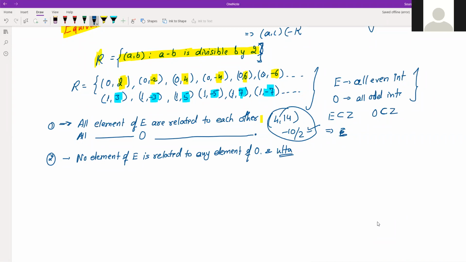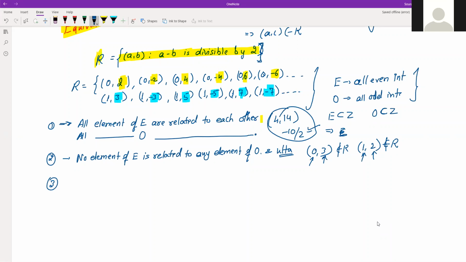So 0 comma 3 not related, 1 comma 2 not related. If you take one from even and one from odd, they are not related. They do not belong to this relation.